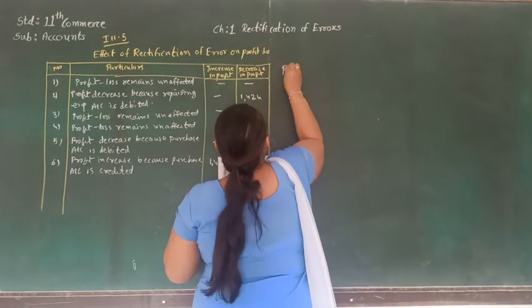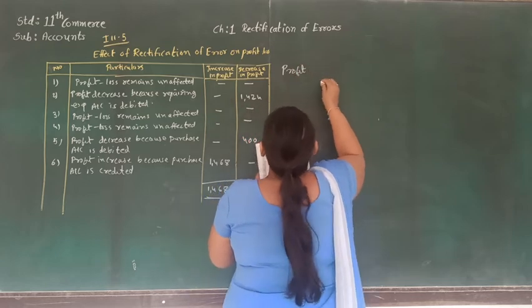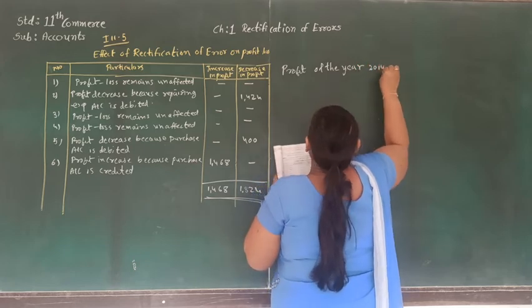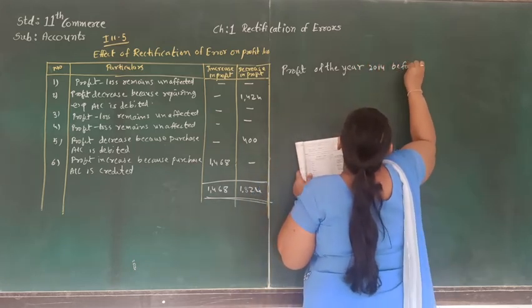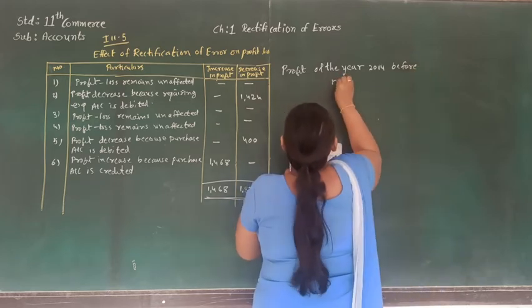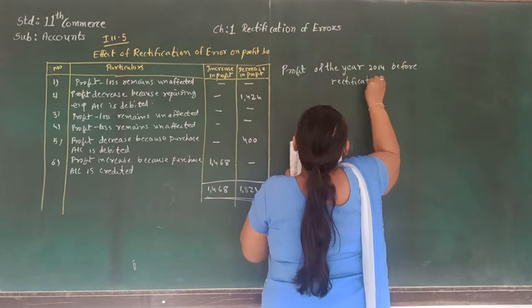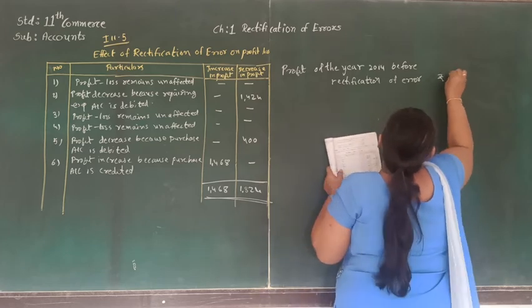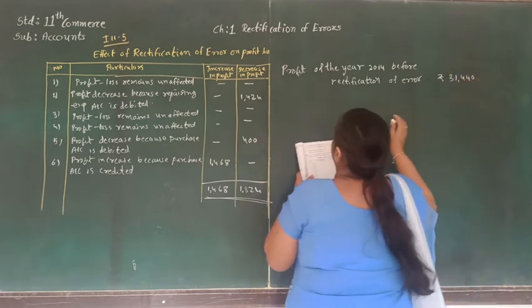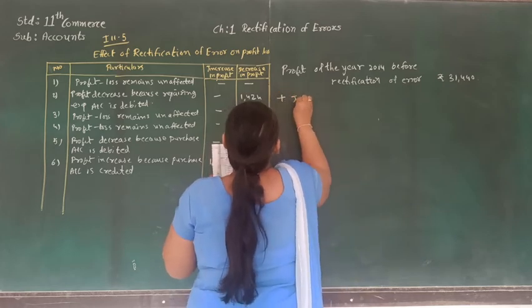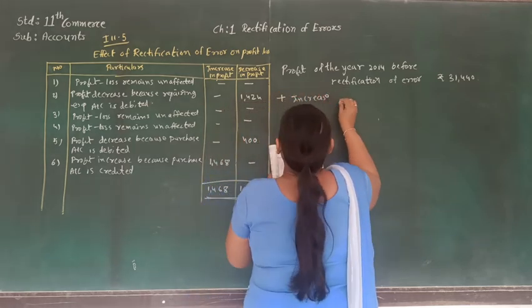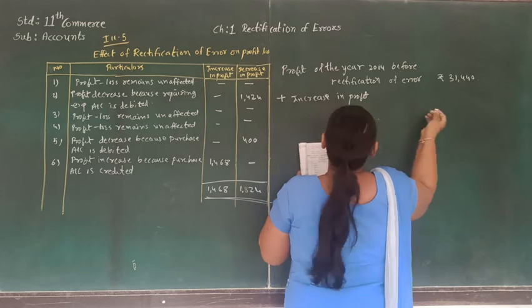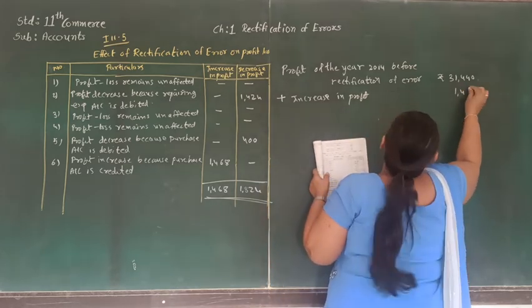31,440. So profit of the year 2014 before rectification of error will be rupees 31,440, and then the increase in profit will be 1,468.